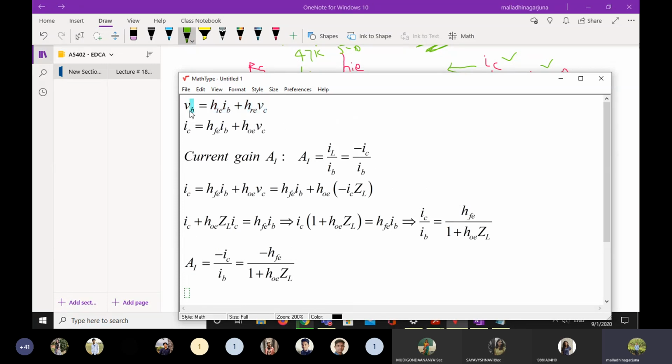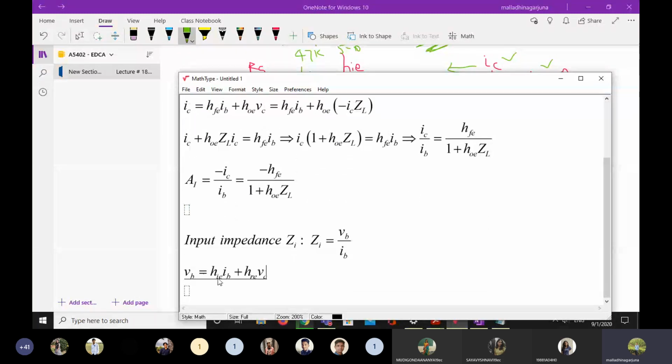Here VB and IB are already in the required format, and the only thing is this term has to be converted in the form of either IB or VB. Then one factor can be taken common and you can write it in the form VB by IB. Therefore, you will get your input impedance.